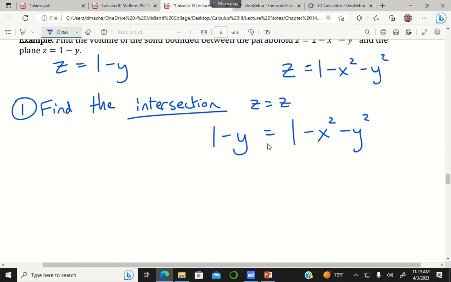So let me rearrange this and write something like y squared plus x squared minus y equals 0.